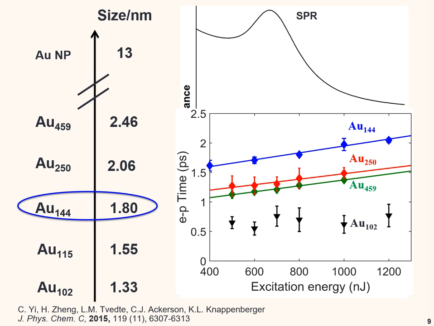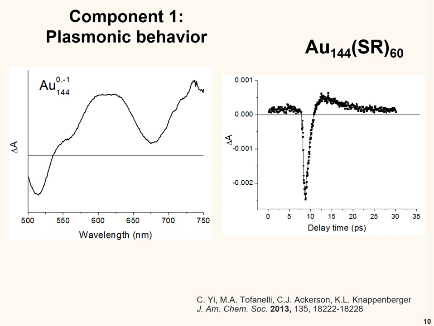And then you want to know if there is any way we can manipulate these plasmonic behaviors for Au144. So it is still a very active field. But I'm very happy we are kind of the first to open these discussions to the whole society.